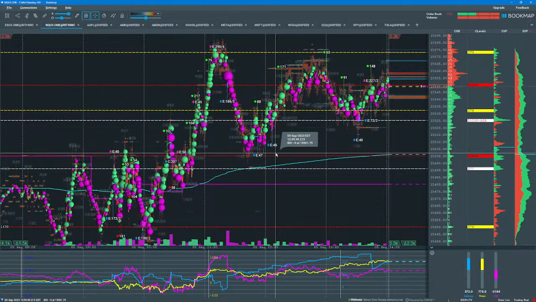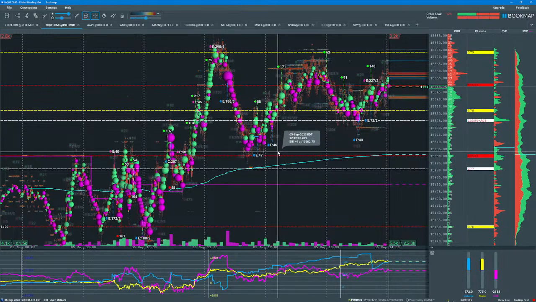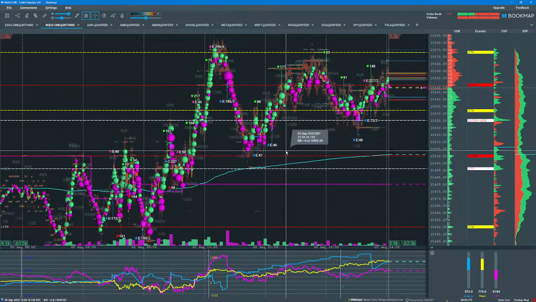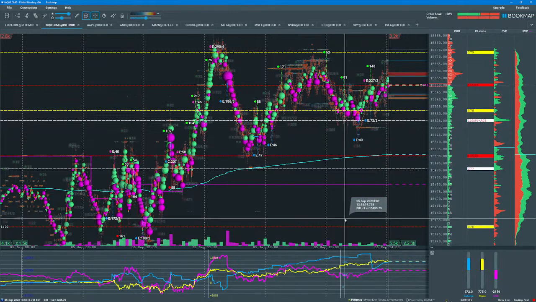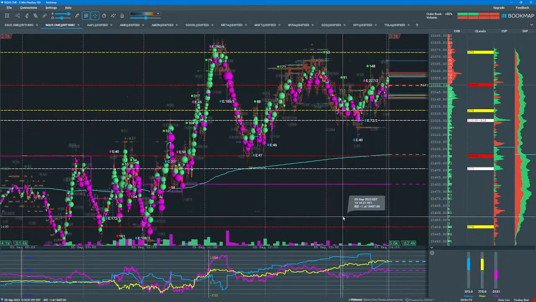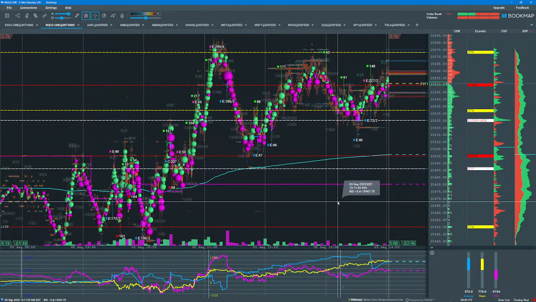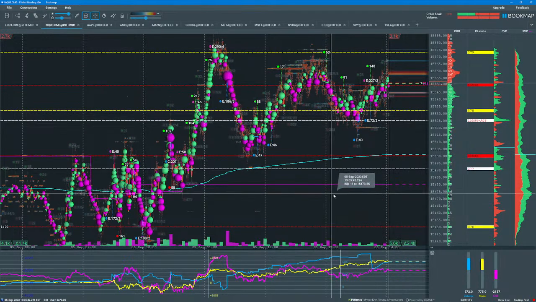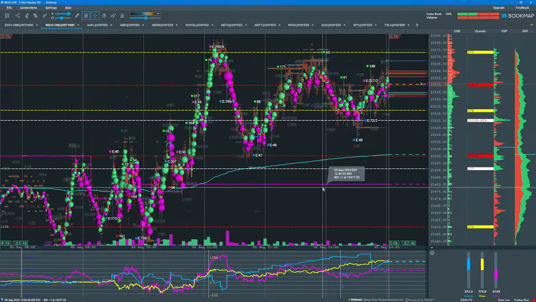So Nasdaq futures stronger today than ES futures. Large cap tech driving price action primarily in Nasdaq. Pretty bullish order flow.